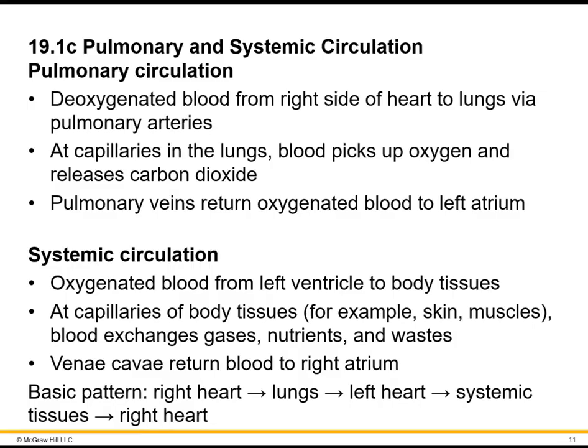And then that deoxygenated blood is going to return from those capillaries into the large veins of the body, the vena cava, and return that deoxygenated blood to the right atrium. And then that deoxygenated blood is going to enter the pulmonary circuit.